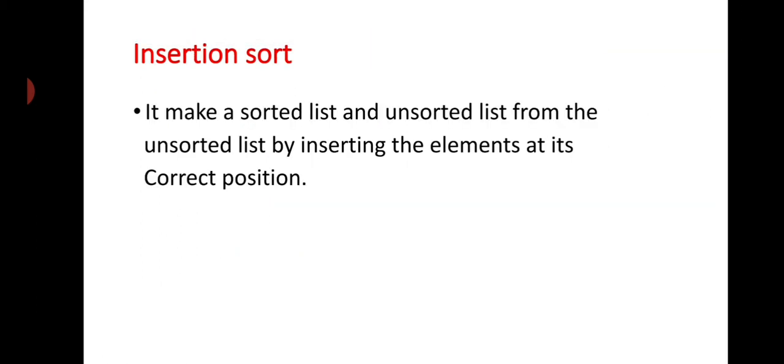Now the second one is your insertion sort. It makes a sorted list and an unsorted list from the unsorted list by inserting the element at its correct position. Now see here, if we take any unsorted list like this, the insertion sort will create two lists from this unsorted list.